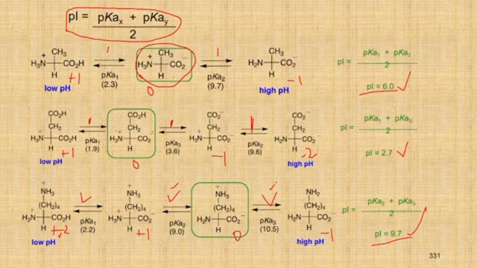What you can observe here is that the pKa's that we're adding and looking for their sum are the pKa's before and after the pI, after the deuterium. So for the first case, you saw we took the pKa before the deuterium plus the pKa after the deuterium to look for the average sum.